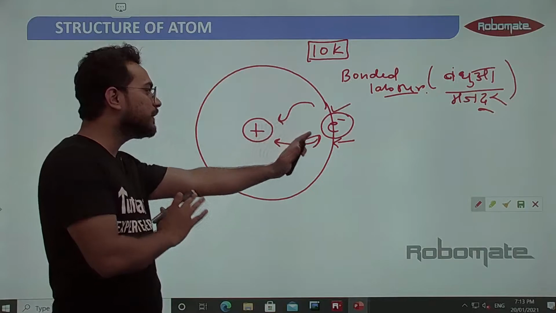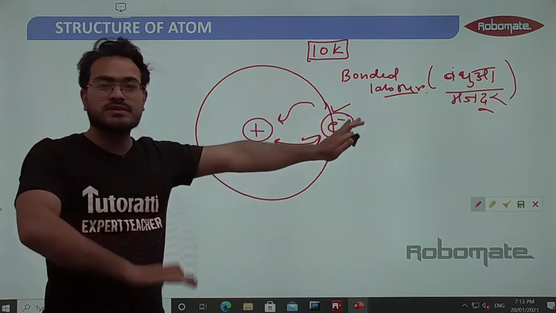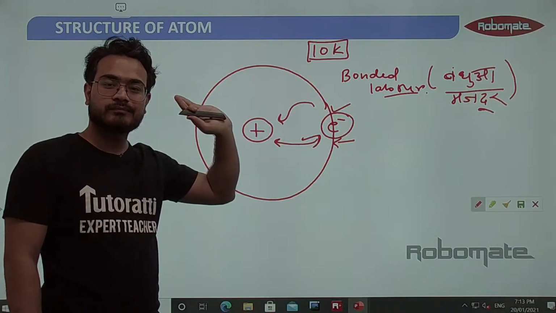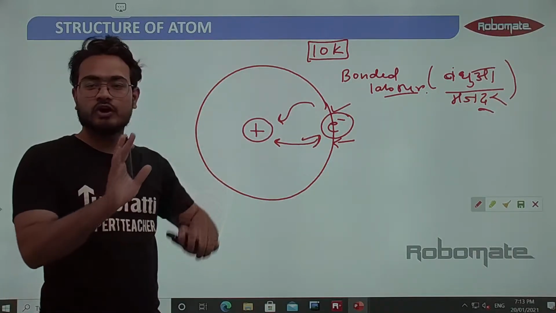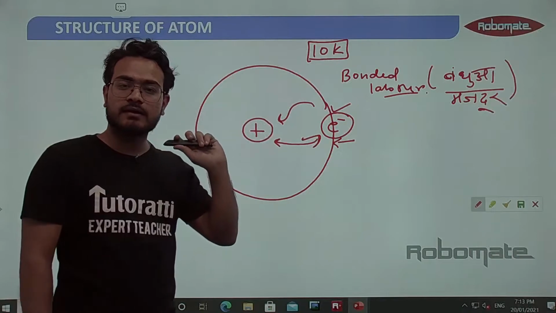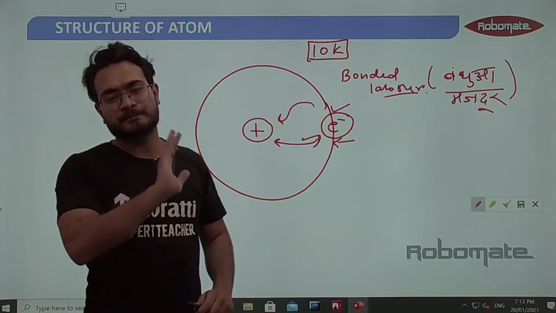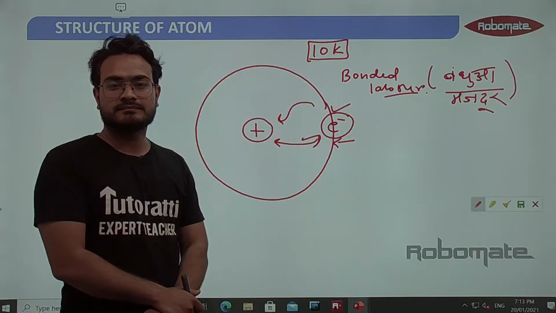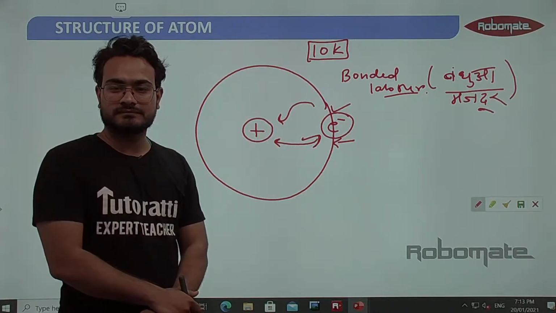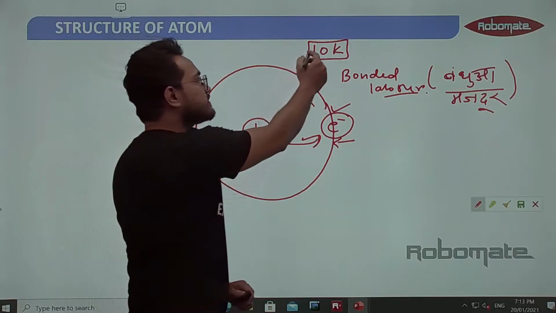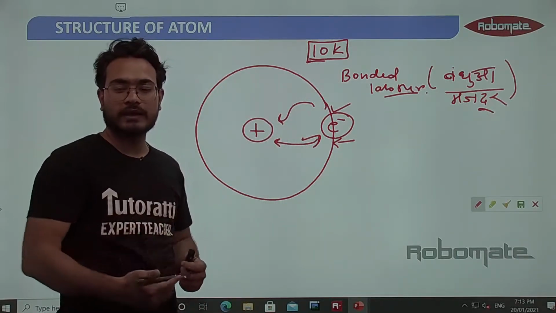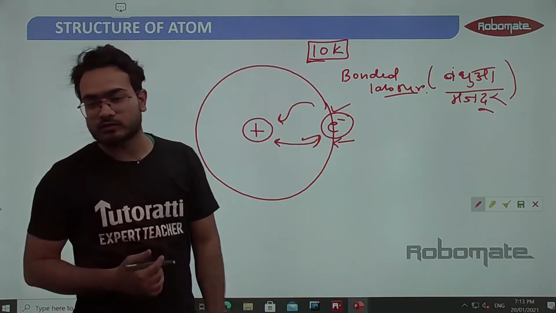How much money should I pay to the electron so that he will not be in debt of this lala? Tell me. Remember, the debt is 10,000. Tell me quickly.